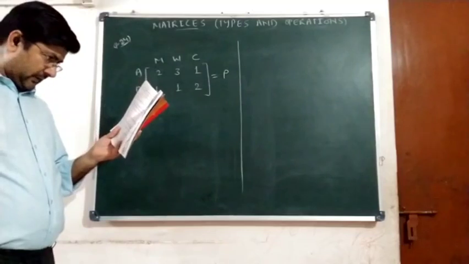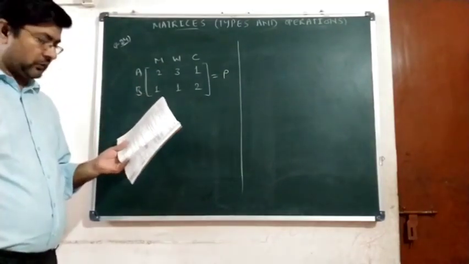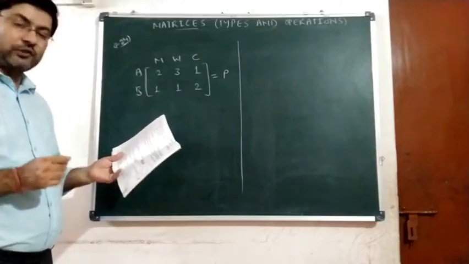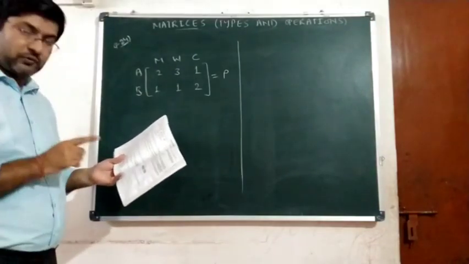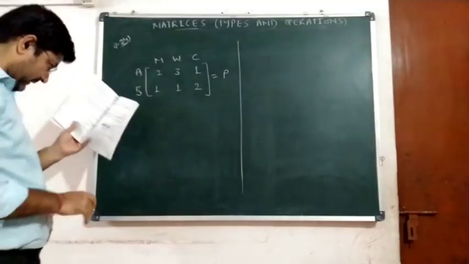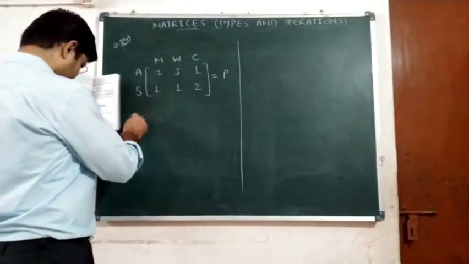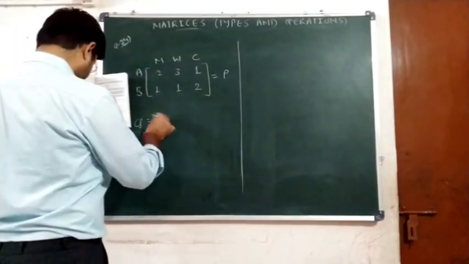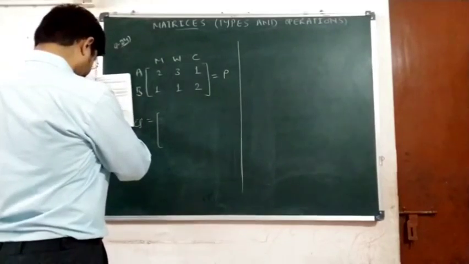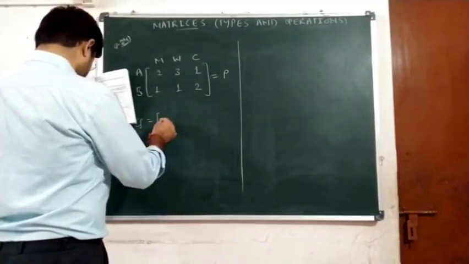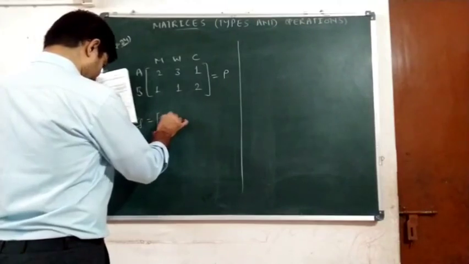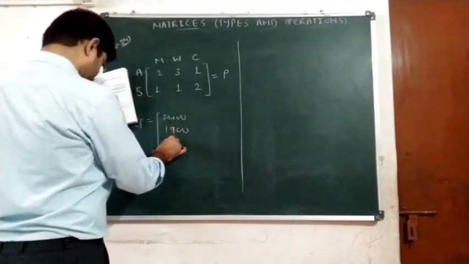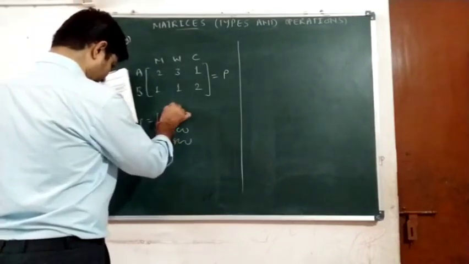The recommended daily allowances for calories as well as for proteins for men, women, and children are given. So we will put that in matrix Q. Matrix Q will be equal to calories 2400, 1900 and 1800. This is calories.